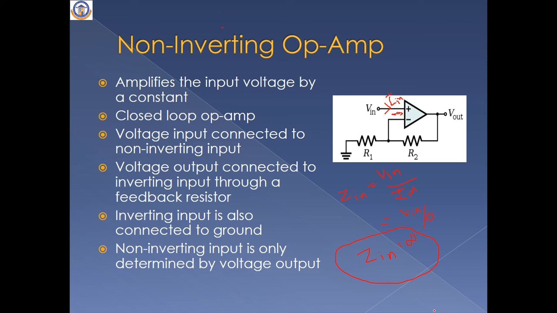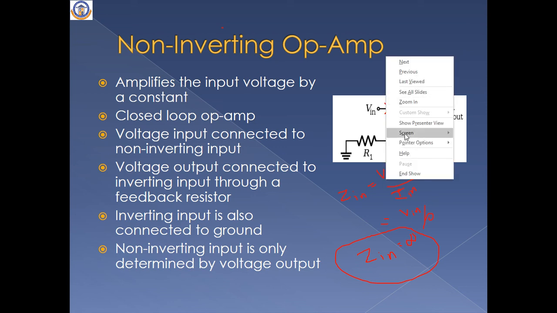So consider the input voltage source Vs and resistance Rs. This is connected to a circuit. It has the impedance of Zs.